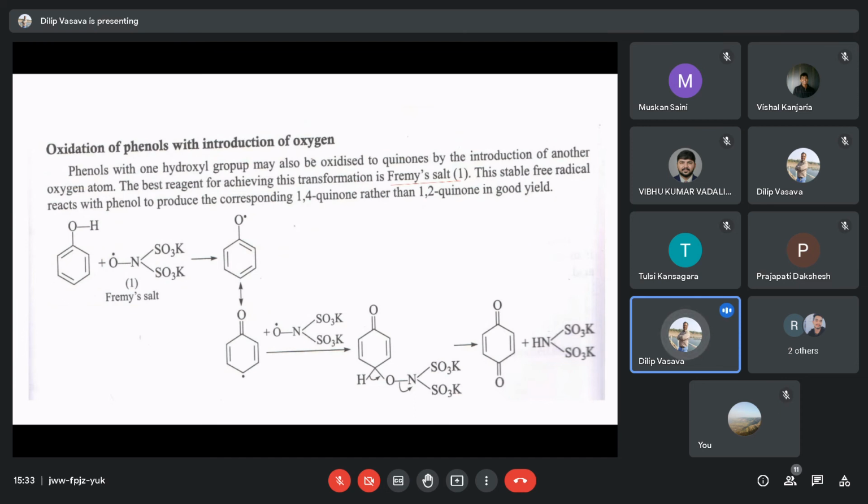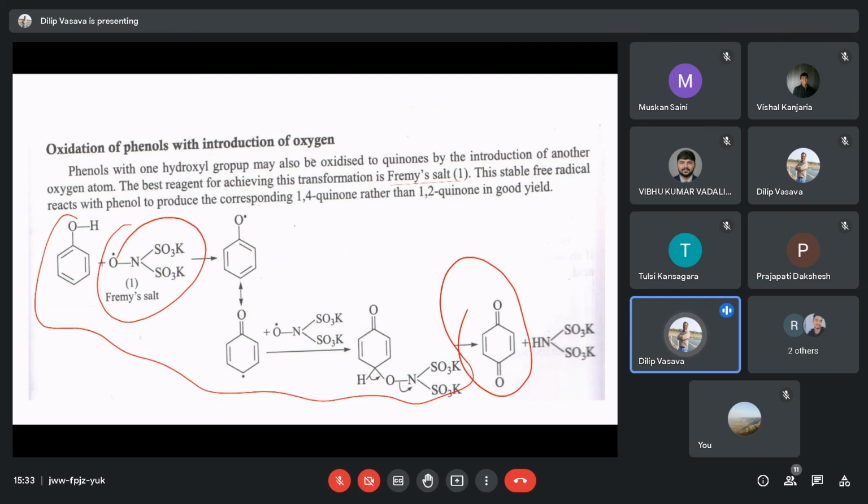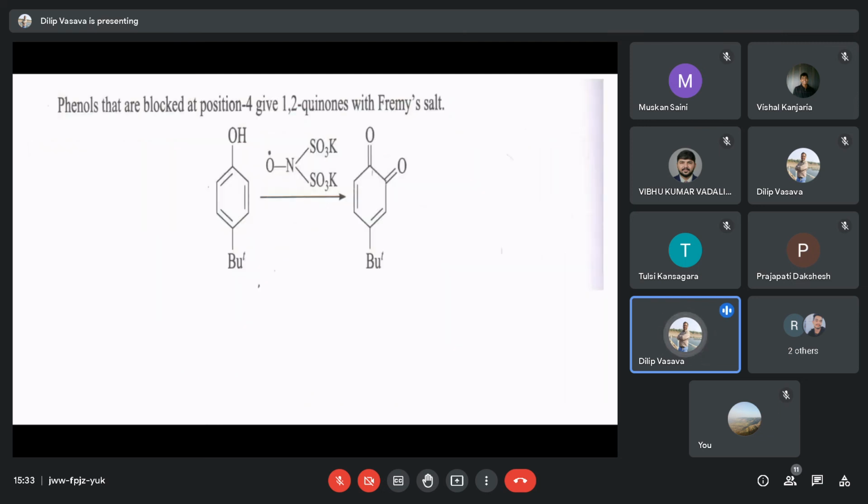That is known as Fremy's salt. Fremy's salt is also utilized for oxidation, and phenol is oxidized to hydroquinone in the presence of Fremy's salt.